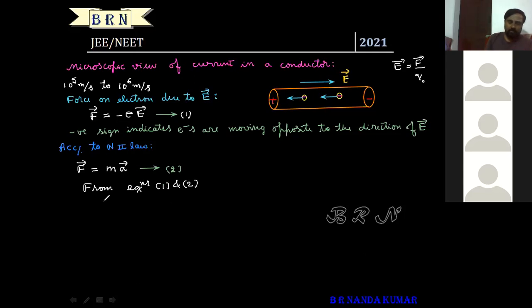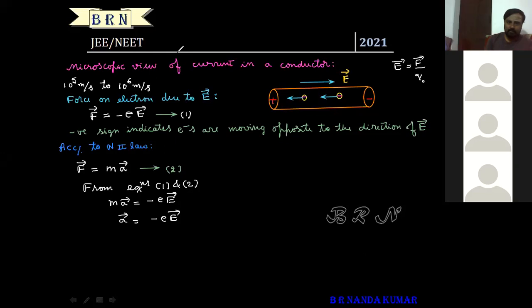What is your conclusion? The LHS is the same, so we can equate the RHS. That is, m a vector is equal to minus e into E vector.